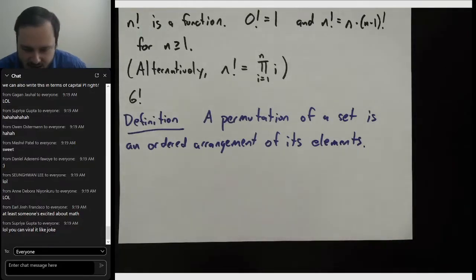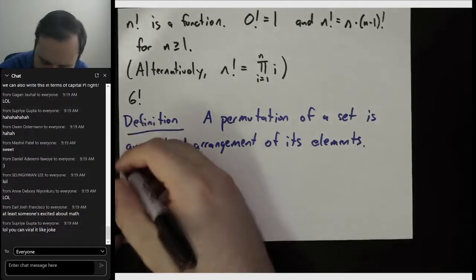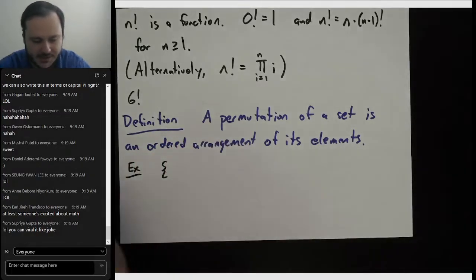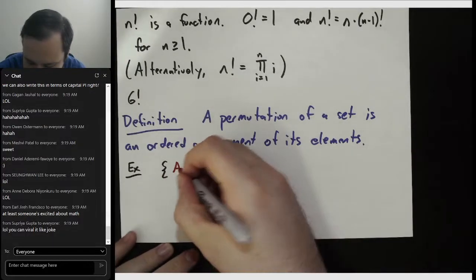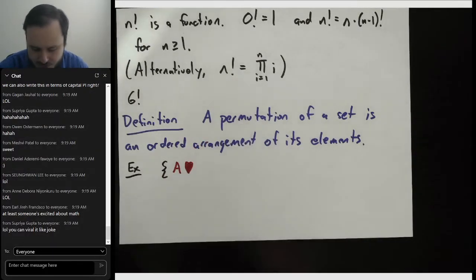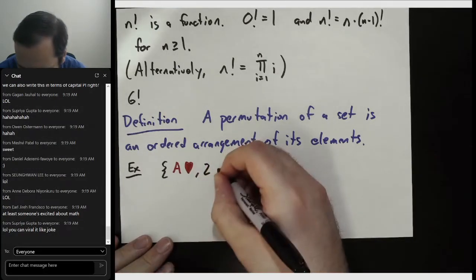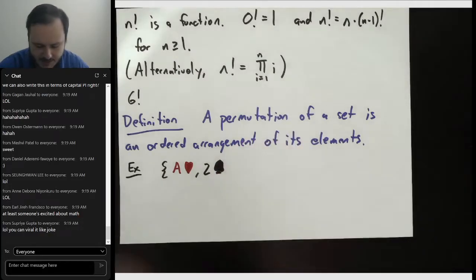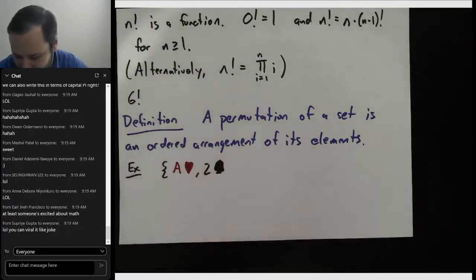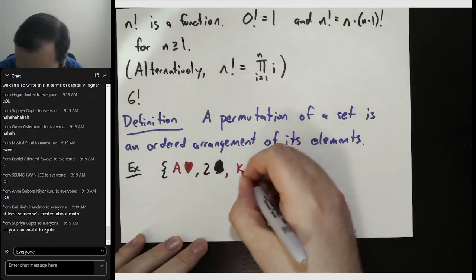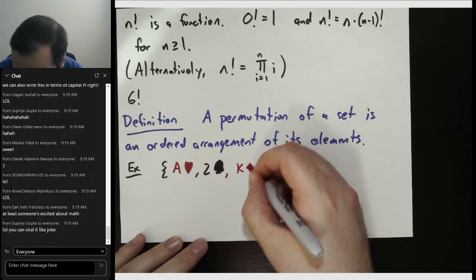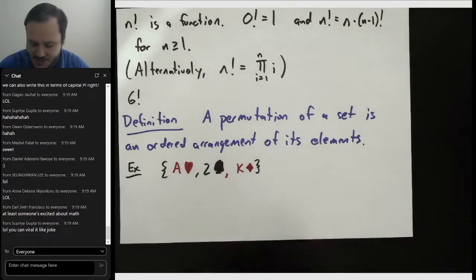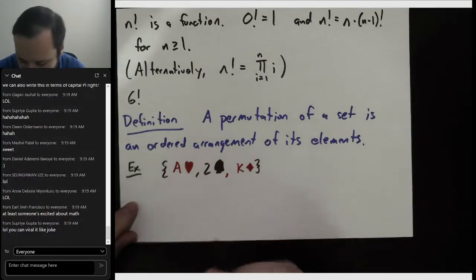So the set of cards might be something like Ace of Hearts, Two of Spades, which are harder to draw, and King of Diamonds. Let's just say I have those three cards. That is a set of cards, but a permutation is a specific ordering of the cards.